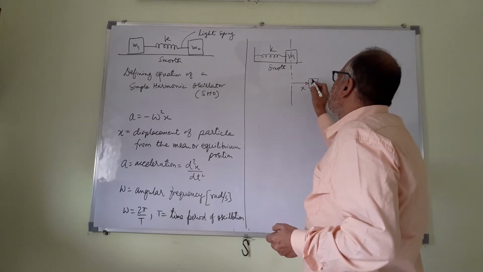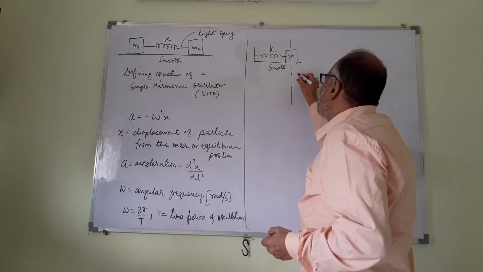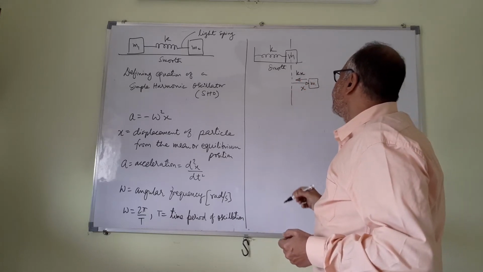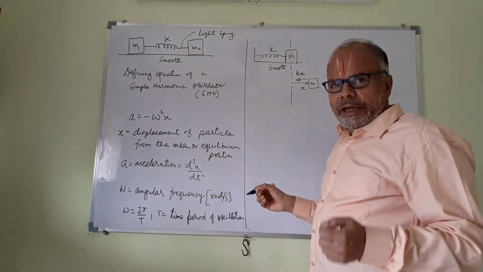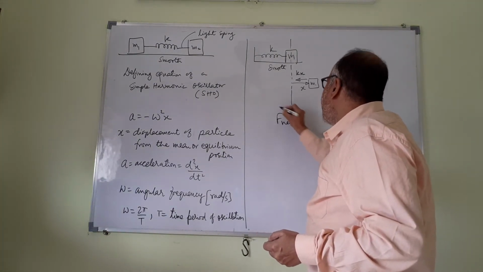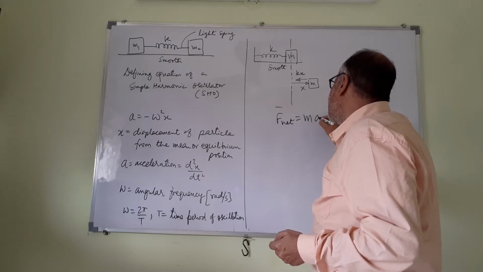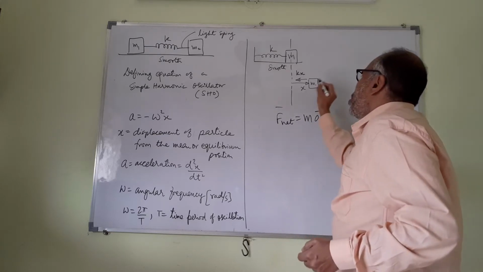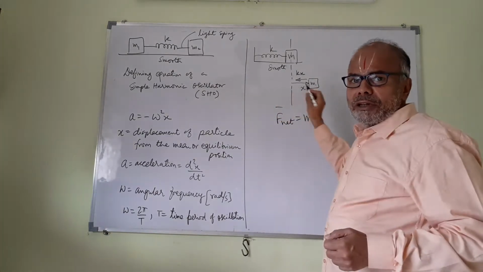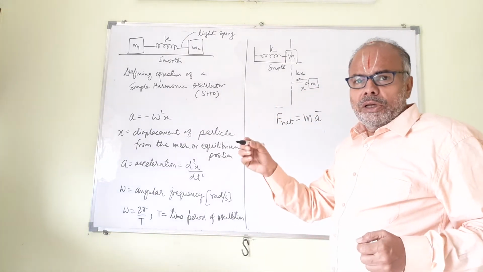Now, when you pull it to the right, there will be a spring force kx acting on it to the left. Now, we could write the force equation. We know F net is equal to m into a. Now the forces and the acceleration are all one-dimensional vectors. They are along a straight line.